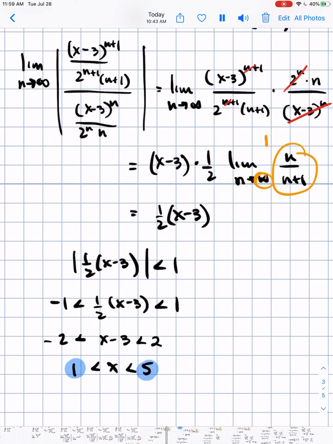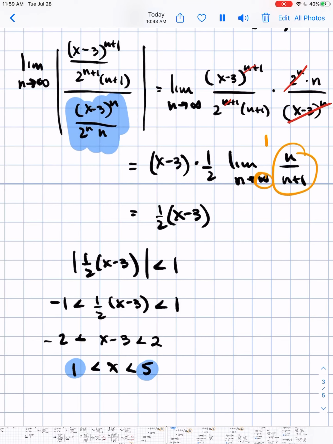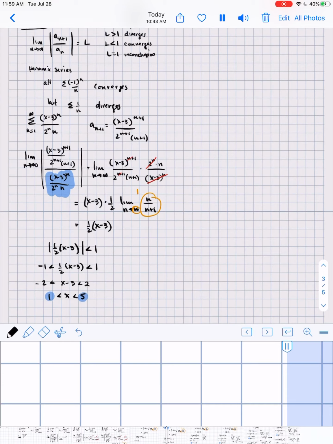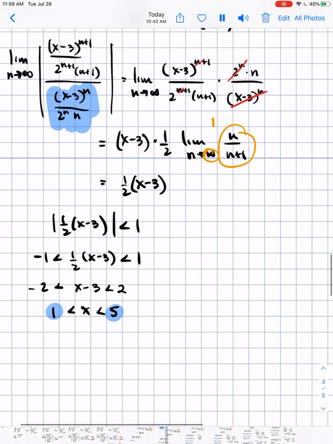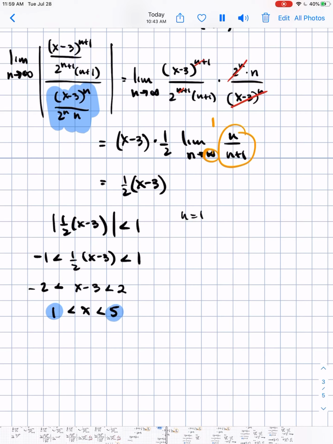So you're going to plug that back into the original, which is right here. And you want to see, is it alternating harmonic or harmonic, or is it one of those nice series like maybe a p-series, something like that? Okay, so at this point I'm going to plug in 1.